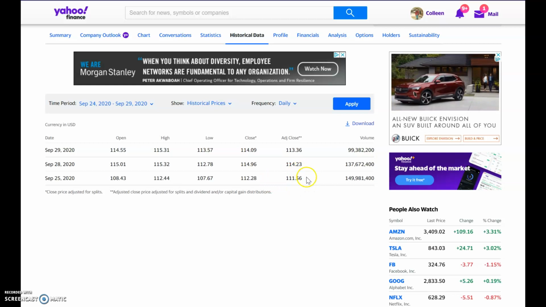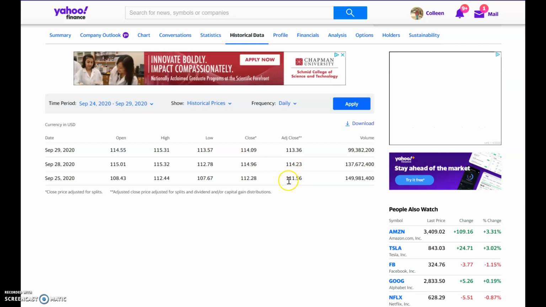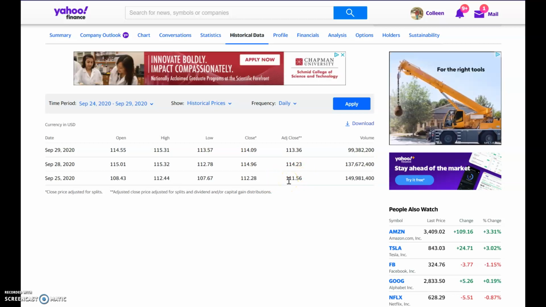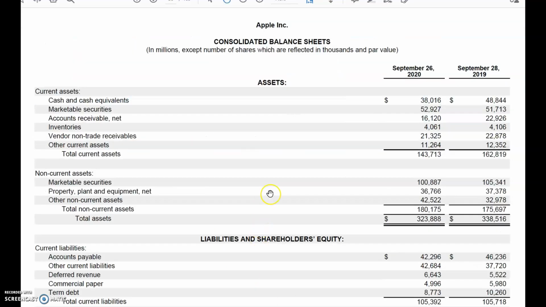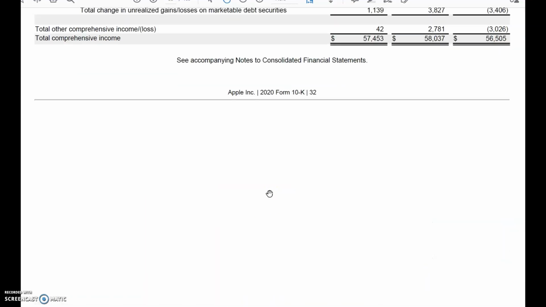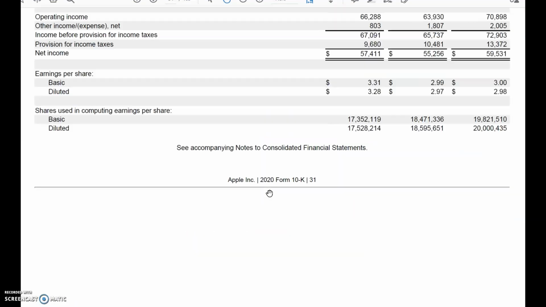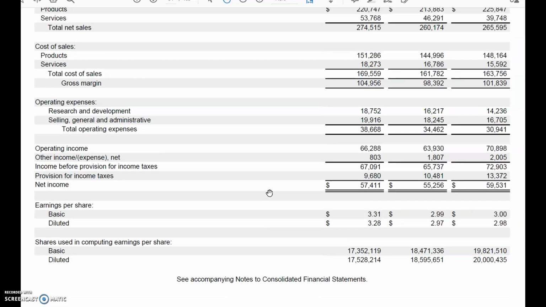That's what investors are willing to pay for a share of stock. Let's see what earnings they will get on a share of stock. We need to go to the income statement, and the earnings per share is shown on the bottom of the income statement. It's basically how much net income you get on one share. So here they're dividing it by the number of shares.